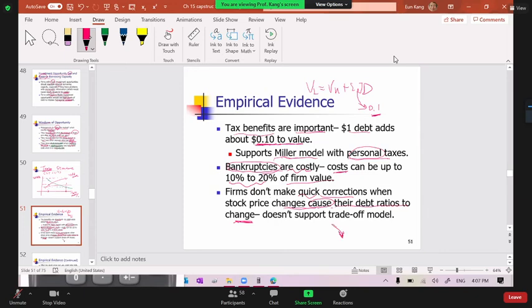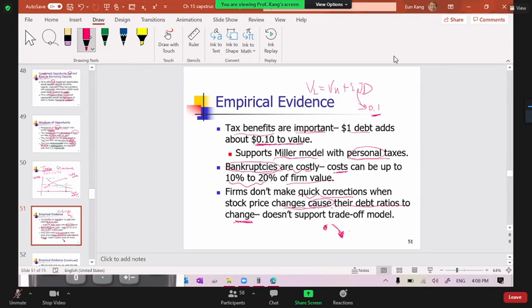Stock price goes down, then equity proportion should be lower, right? Stock price times number of shares is equity value. And then the debt ratio in that case is high. So they try to increase equity, right?